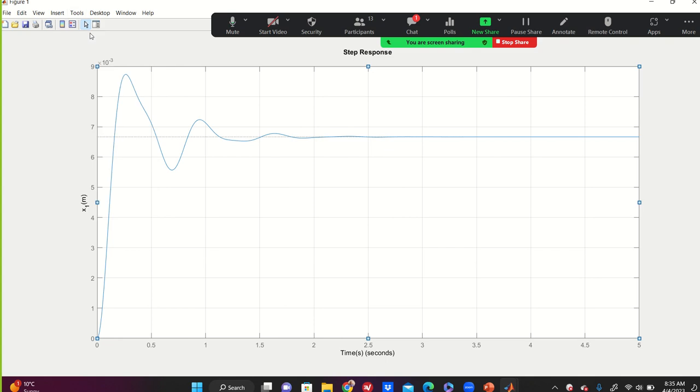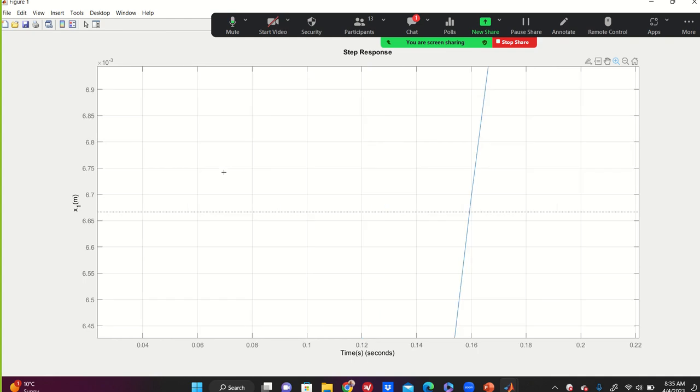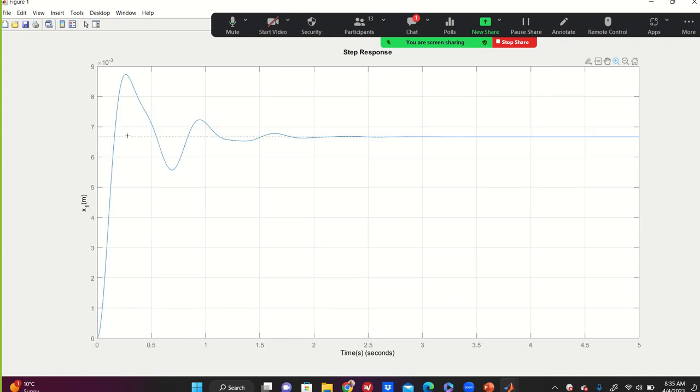I should zoom in. Okay, guys. The value here is exactly here. This cross section is 6.7, say. Okay, 6.7. Understand?